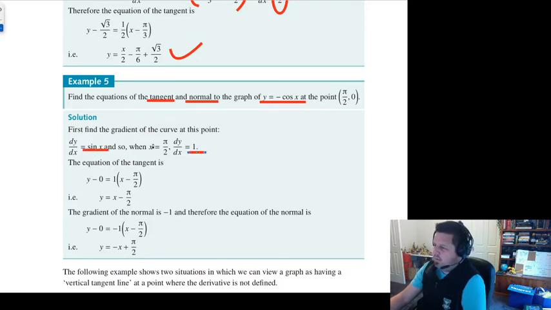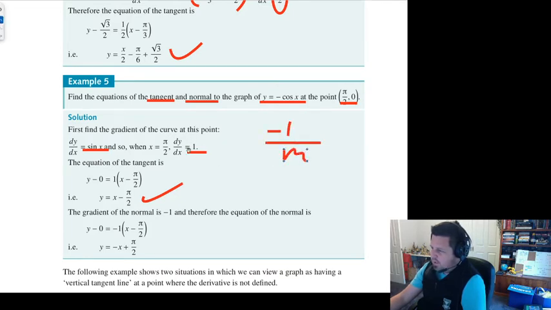Again, you've got your point, you've got your gradient, plug it into the rule, and you can get the equation of the tangent. Next, it says the gradient of the normal is -1. The reason they've got that, remember, is -1 over m.